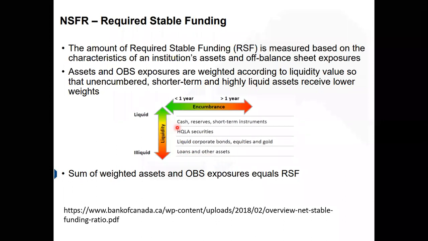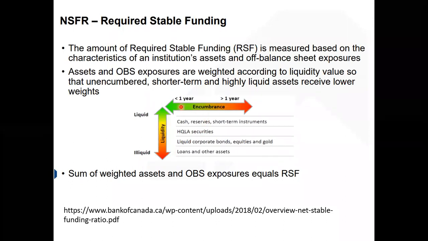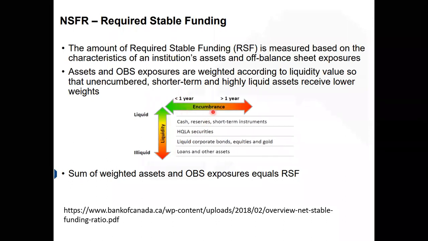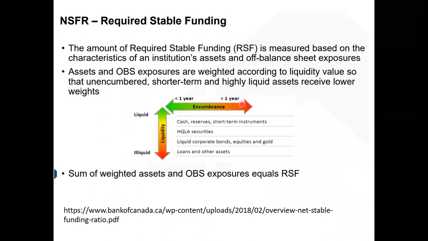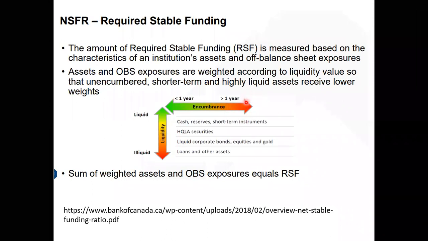So encumbrance, right? If it is a very short period, there is high disturbance, high fluctuation, and when it's more than 1 year, as the period goes, the disturbance is less. Sum of weighted assets and OBS exposure equals required stable funding.